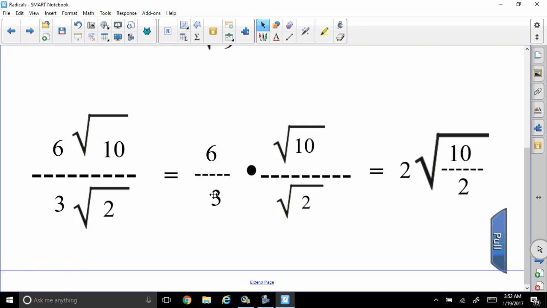We can reduce 6 over 3, that'll give us 2, and here we have 10 over 2 in the radical. We can combine those together, put those back as a fraction, and reduce those. So 10 divided by 2 would give you 5, so we would have our answer as 2 radical 5.